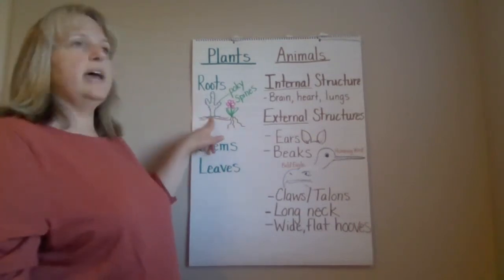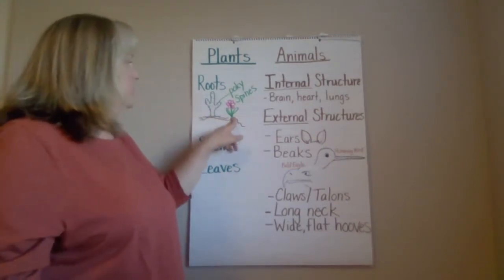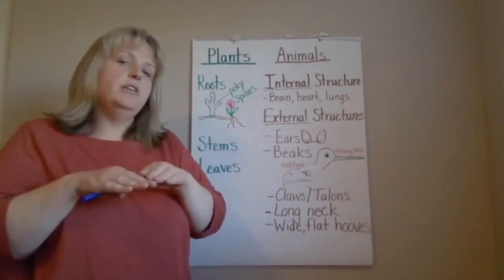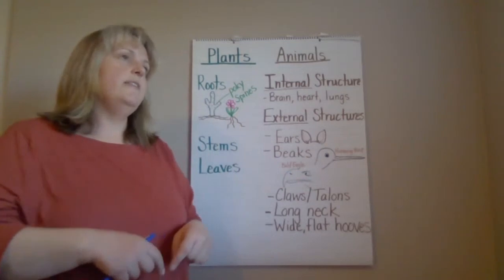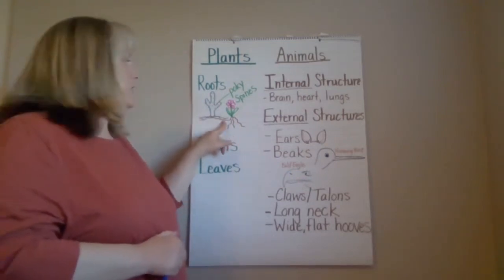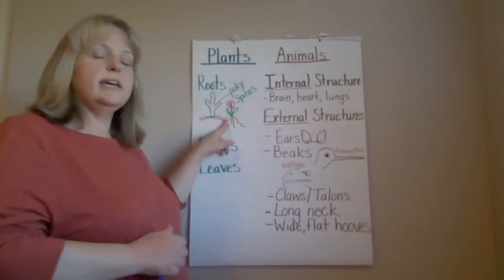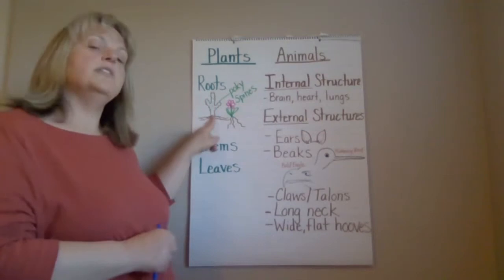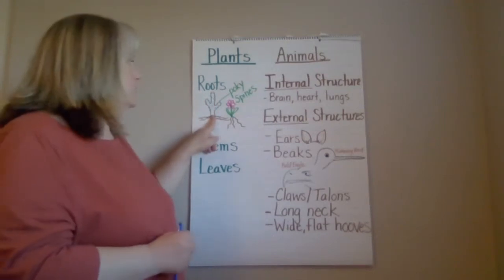So cactus have roots that live very shallow below the surface of the earth. They don't go deep down into the ground, so if it does rain, those roots can soak up that moisture and it is then stored within the thick stems of that cactus.